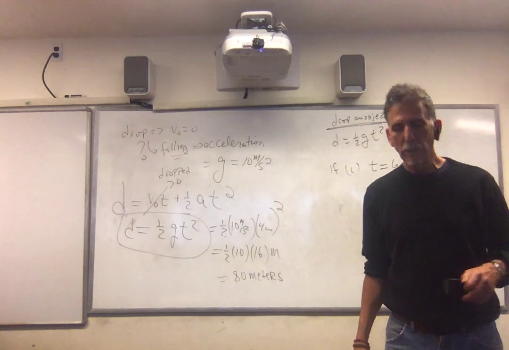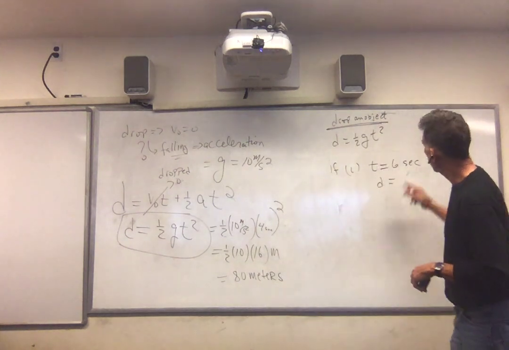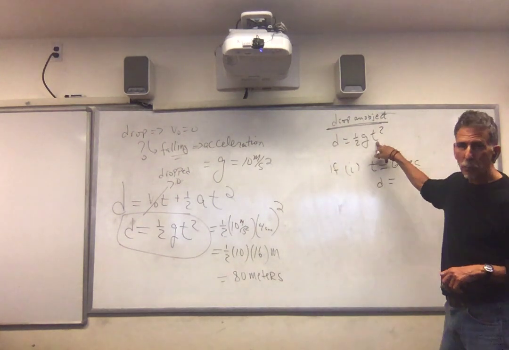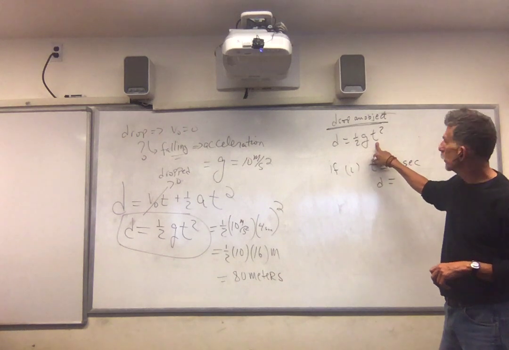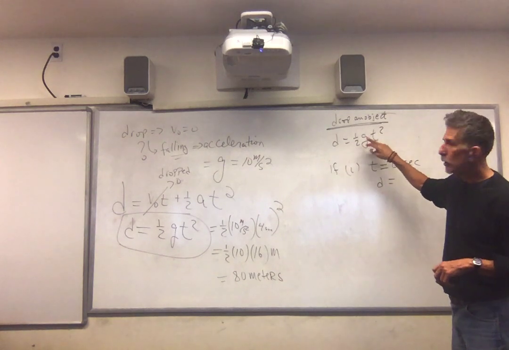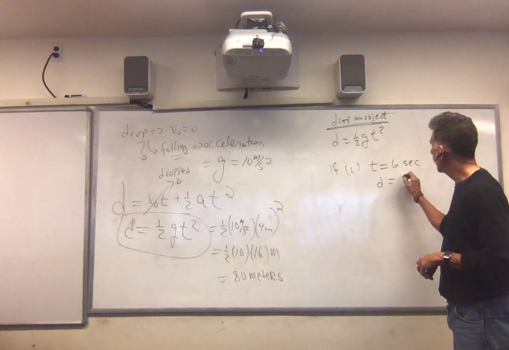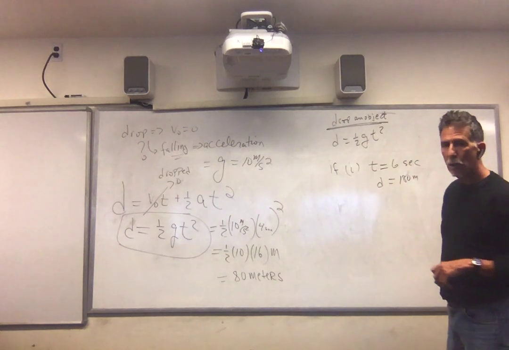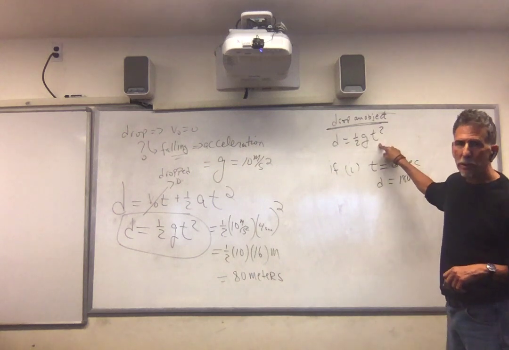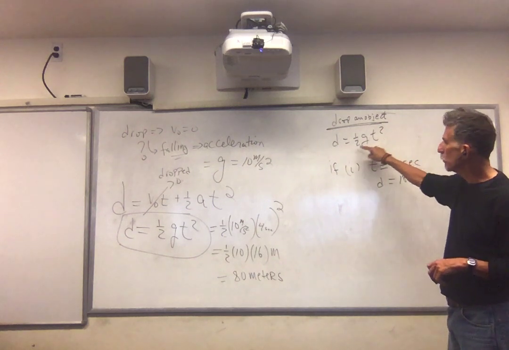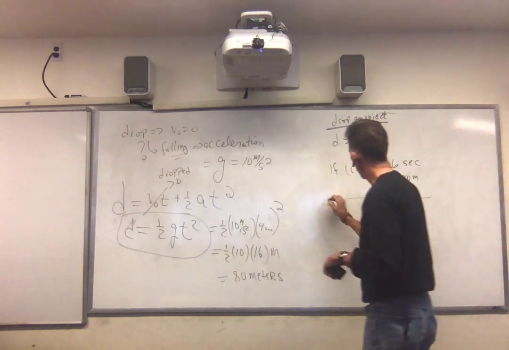Let's do it together. In our heads, forget calculators. T is 6. What's 6 squared? 36. G was 10. 10 times 36, 360. Half of 360, 180 meters. Again, 6 squared, 36. Times 10, 360. Divided by 2, 180.